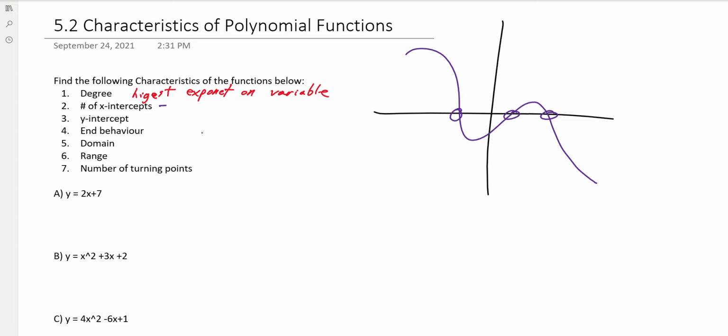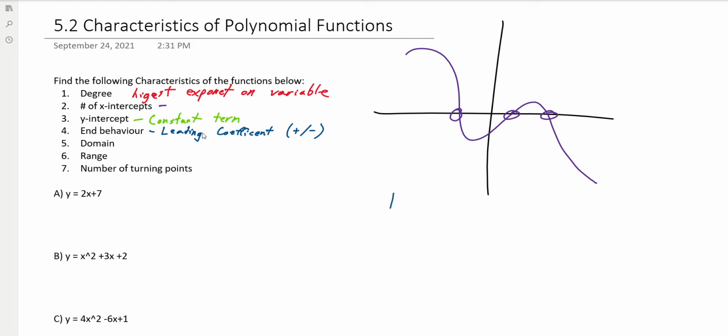The y-intercept is given with the constant term. The end behavior is given by the leading coefficient, and especially the sign, if it's plus or minus.